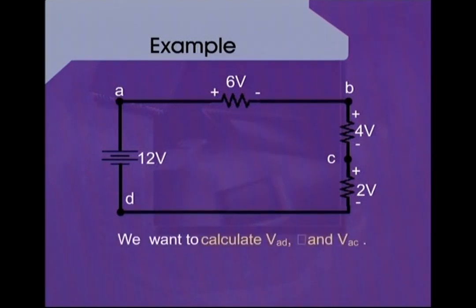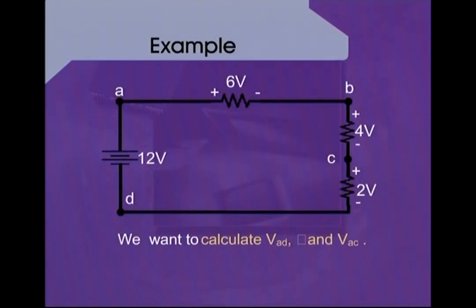We want to calculate the voltages between the points A, D and A, C. Now obviously you can see that these values which are desired to be calculated are not the ordinary values as we have been doing earlier on, that we wanted to calculate between the reference point and one of the points.